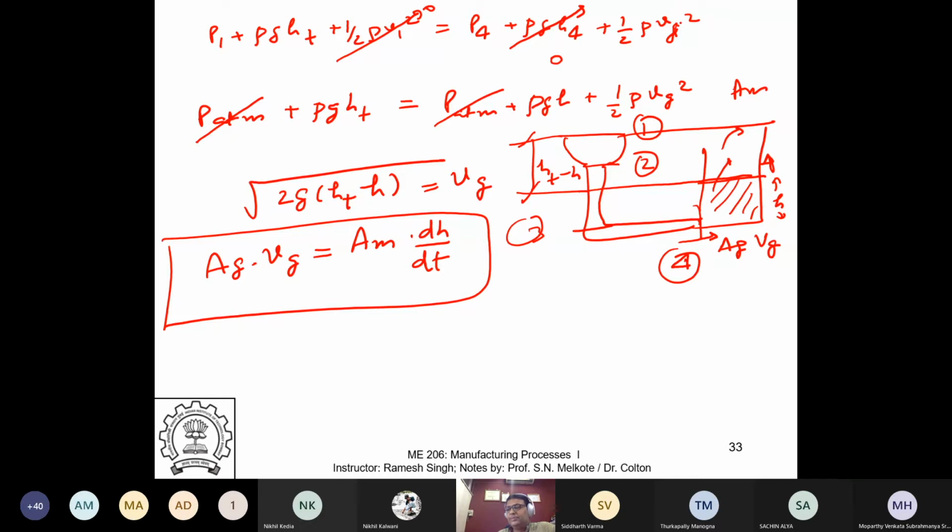Do you agree that this is because of something like continuity? I'm supplying this much flow rate, right? And what it is doing is raising the level in the mold by this rate dH/dt. Any questions here? Everybody agrees to this or no?